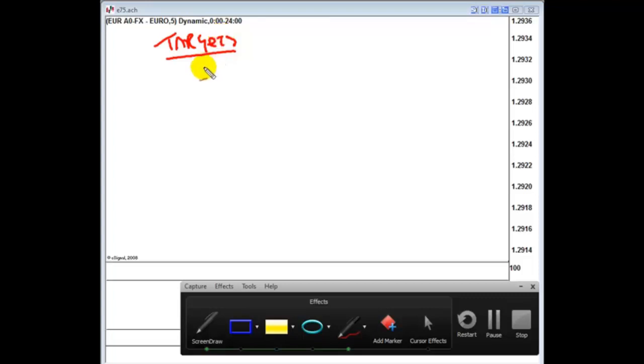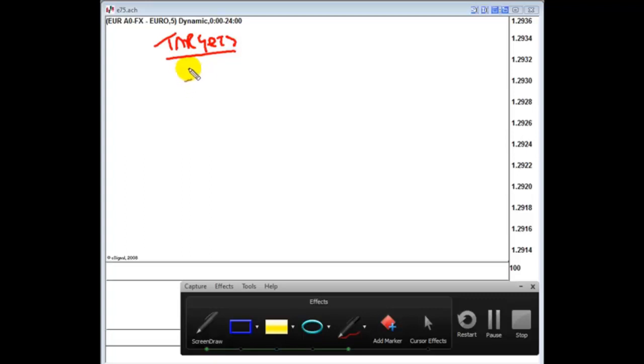And targets, really, there are basically 3 simple ways of setting targets, but you'll see a little bit later on, probably in the next video, that targets become flexible once the trade's open. But we always set a target before we open the trade, and we need to know that there is a decent target.